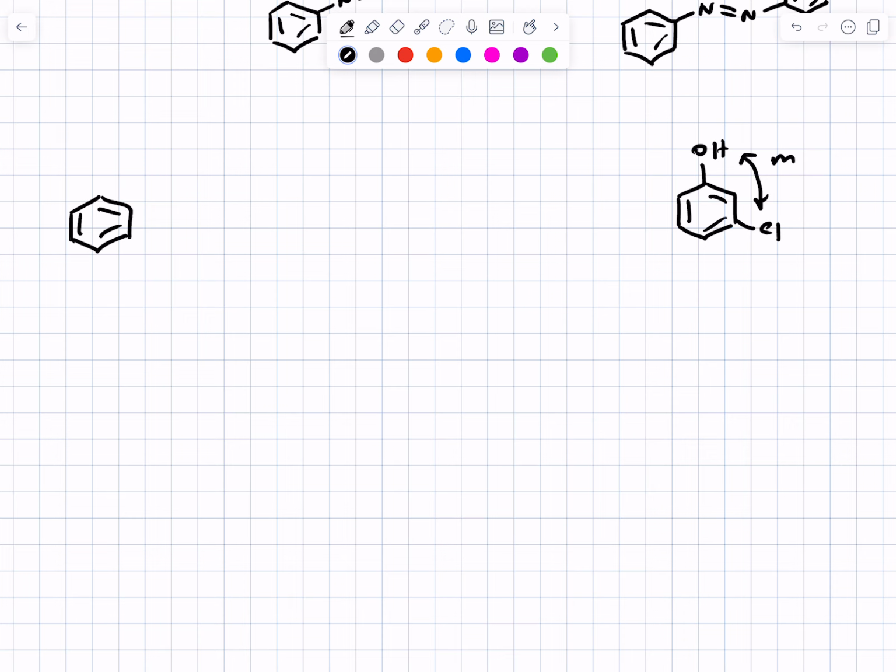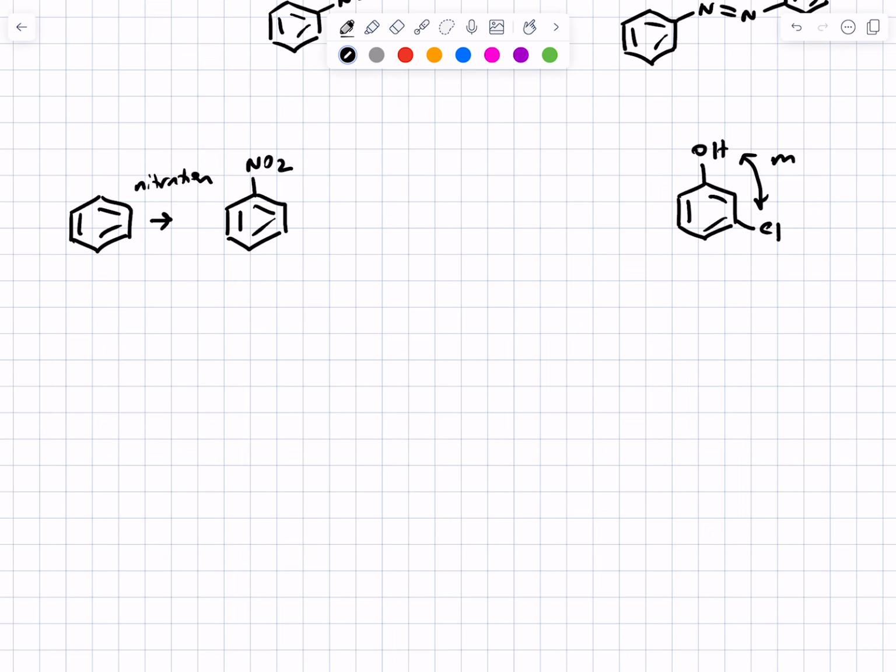Of course, you couldn't just start with phenol and then do the chlorination reaction, because phenol, the OH, is an ortho-para director. So one of the ways that you can do this is first do the nitration reaction. I'm not going to write down those reagents because you know them, to put the nitro group on.